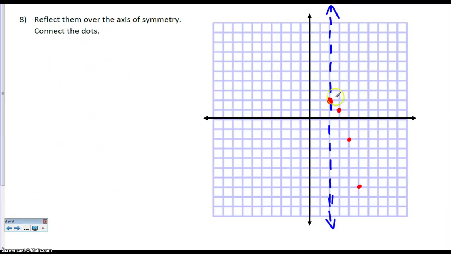Now, once I have these points plotted, what I'm going to do is reflect them over the axis of symmetry, and then draw my graph. That's what your graph would look like. That's what your parabola would look like. So what I want you guys to try to do is follow the steps we just did and try the next one. And I'll see you tomorrow.